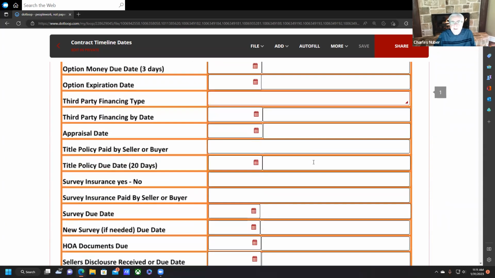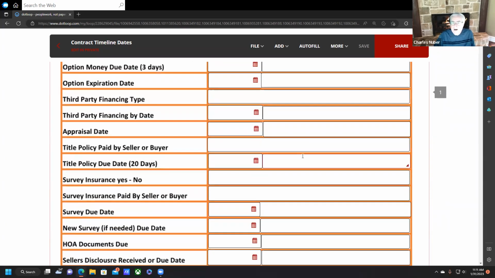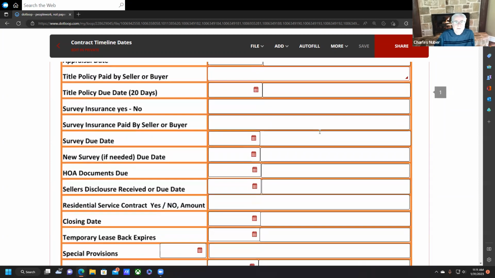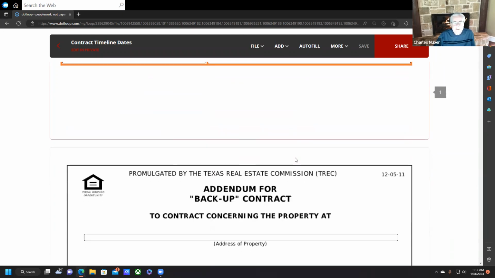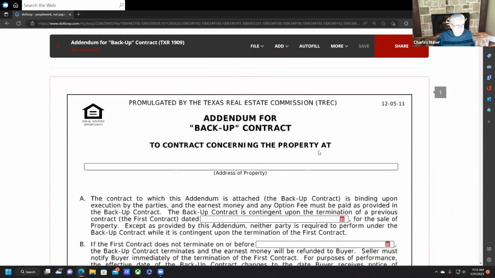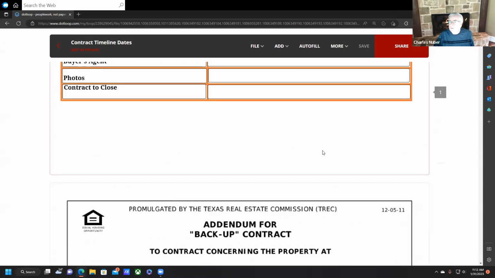The reason is if there is a buyer shall statement or seller shall statement in the contract, and they fail to do so, then that buyer or seller is in default of the contract. And that's what leads to termination of contracts on the closing date. We don't want that to happen to your clients. The idea is to get it to the closing table. Okay, any questions so far about that?